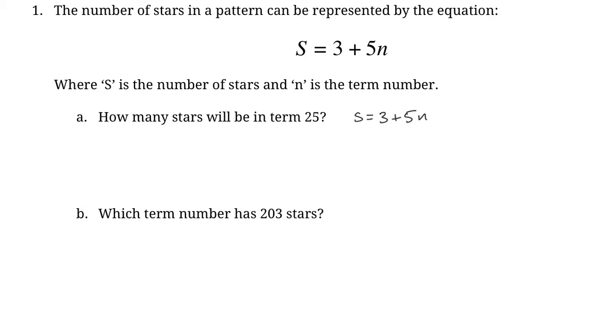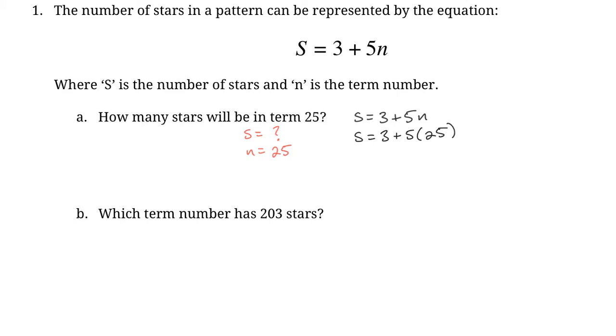And we have two unknown variables here, S and n. So the question's asking how many stars, so we're finding S, and we know that this is term 25, so n is equal to 25. So in our equation, we're going to substitute n with 25.